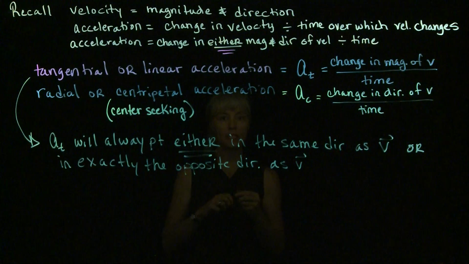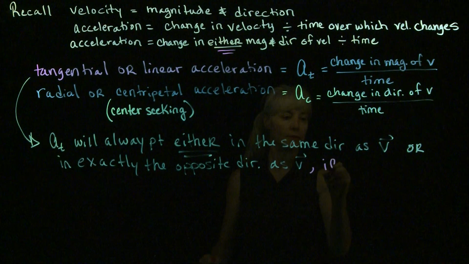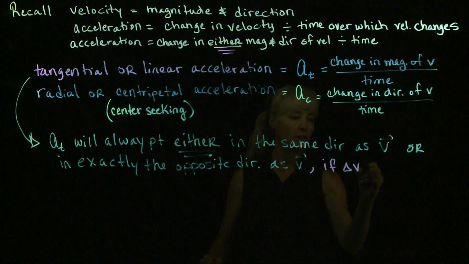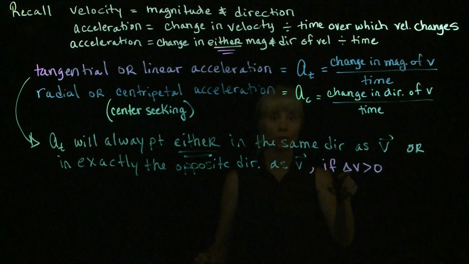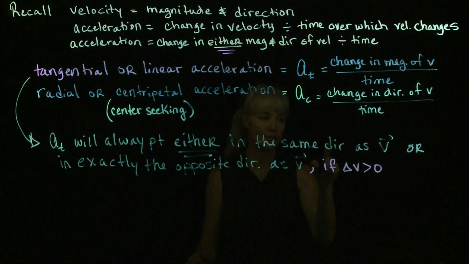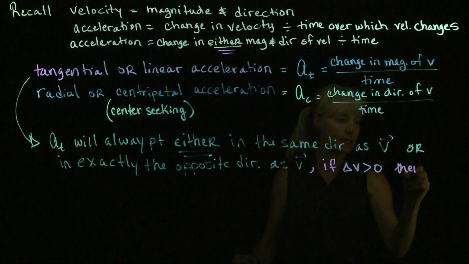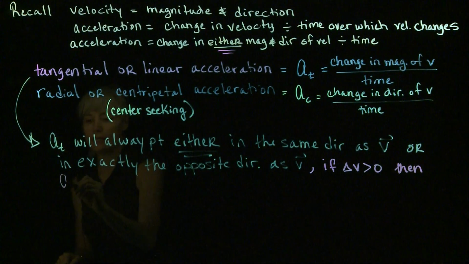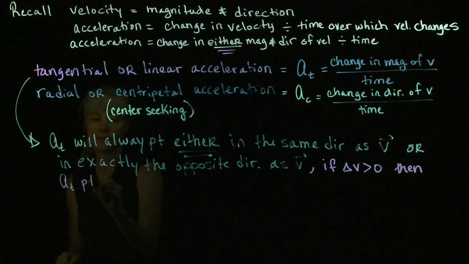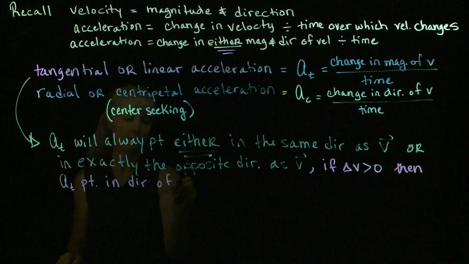So if the object is speeding up, if delta v is greater than 0, in other words, the object is moving faster each successive second than the second before it, then a sub t points in direction of v.